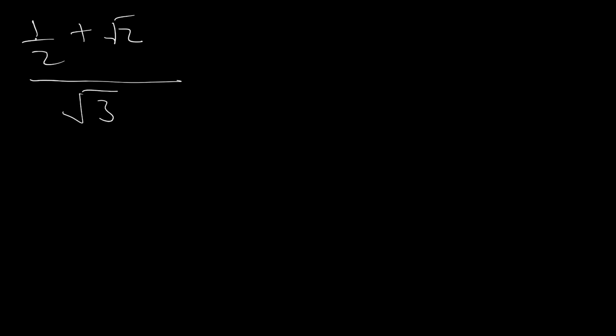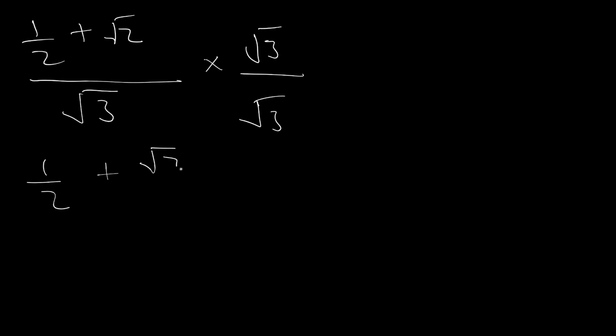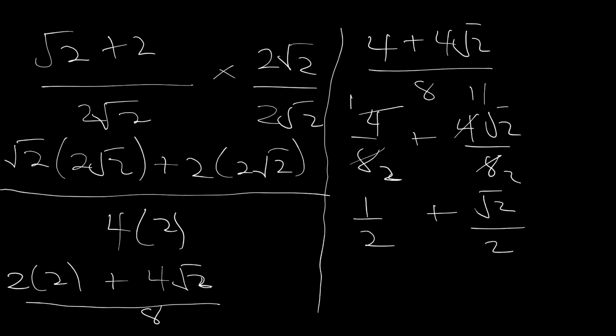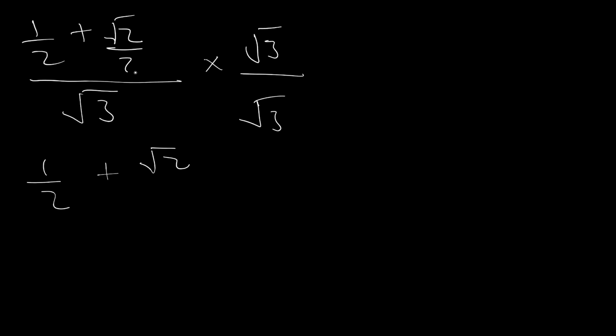Now we need to rationalize this expression too. So we multiply here by root 3 and here by root 3. So we have 1 over 2 plus root 2 over 2.